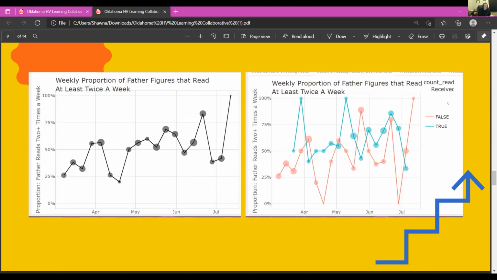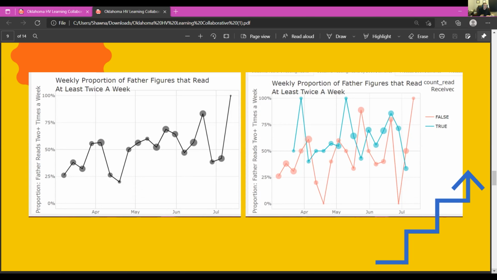The next one is very similar to the group on the left, except that we've broken the clients into two different groups based on whether or not they had been given a book in the previous week. So that blue line represents anyone who was provided a book at the previous visit, and the pink line is anyone who was not previously provided a book on their last visit.